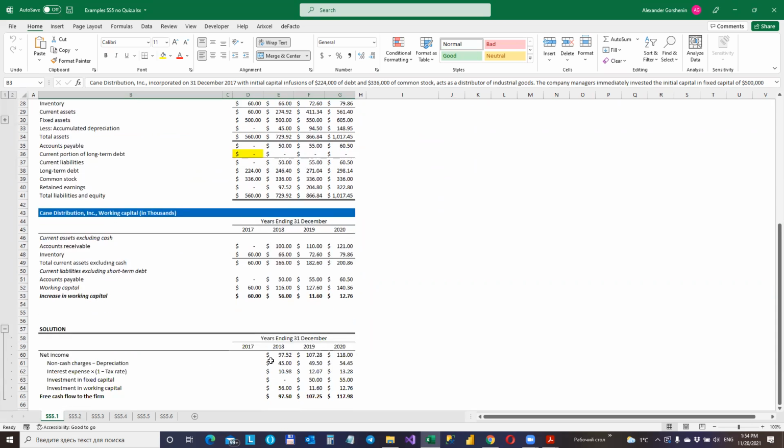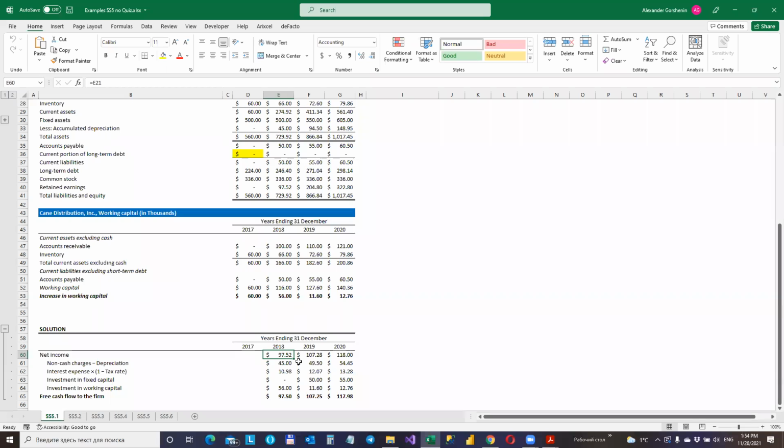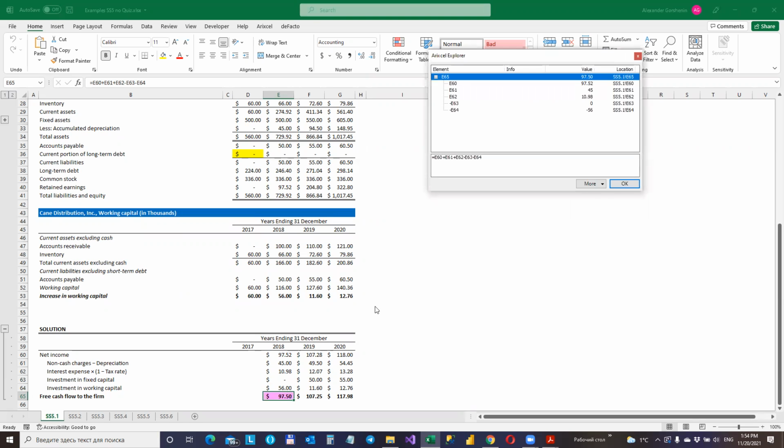We have our net income here, and we have non-cash charges like depreciation. Then we add back interest expense, then investment in fixed capital and investment in working capital. And you can see again the formula that sums up all these components, very straightforward, like in the slides we have.